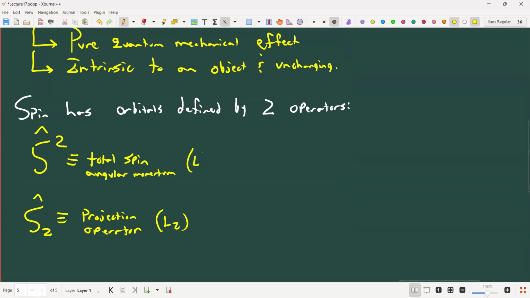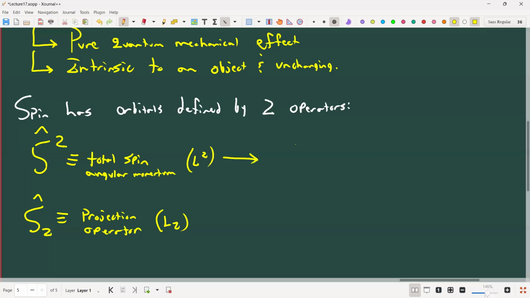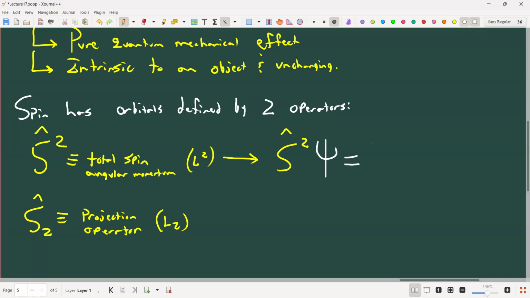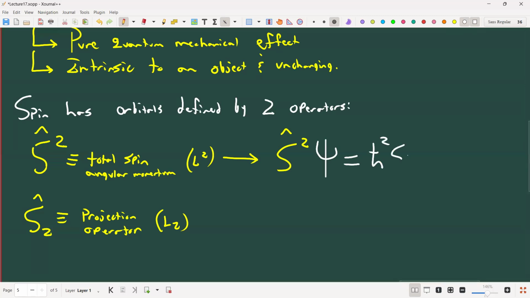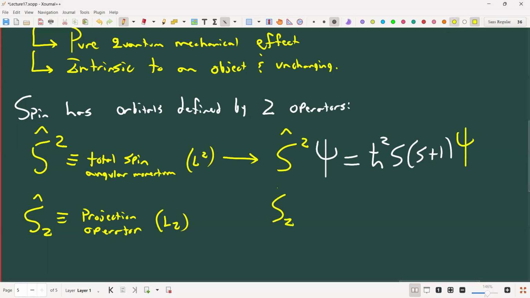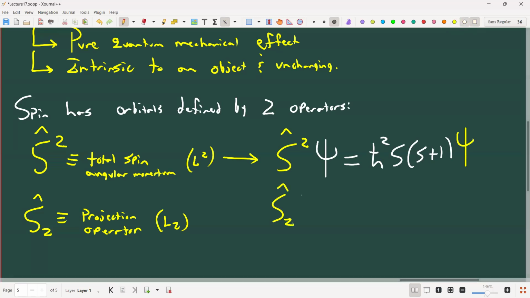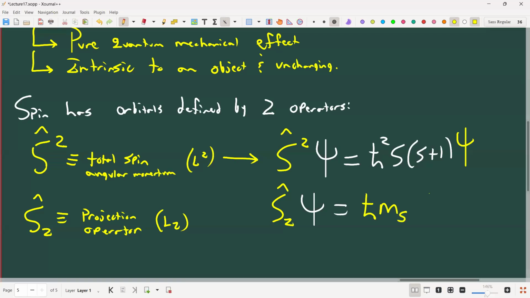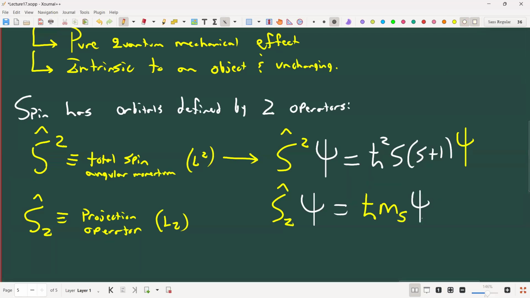They have the exact same properties, meaning that S squared applied to some wave function that satisfies it gives ħ squared s(s+1) times psi, and S_z applied to psi gives ħ, and we call this m_s instead of just m, times psi.